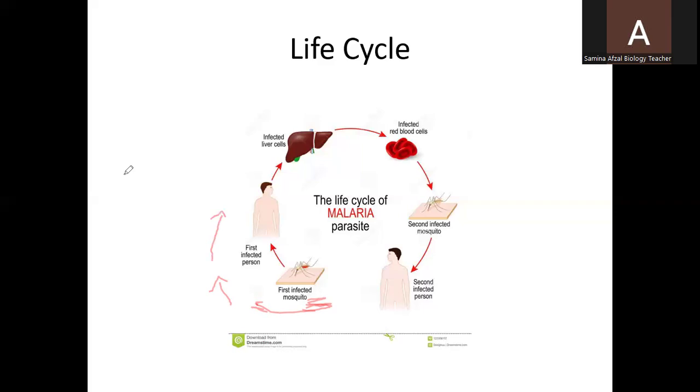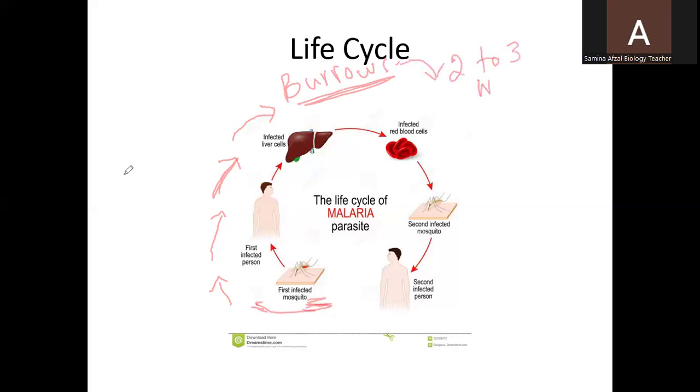of that person. If they are transferred into the blood of that person, then from the blood those Plasmodium will enter the liver. They will make burrows there. They will damage the tissues of the liver after 2 to 3 weeks.